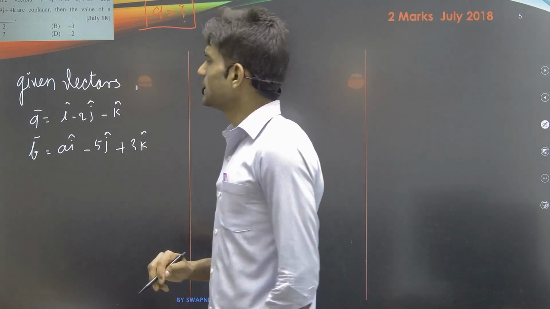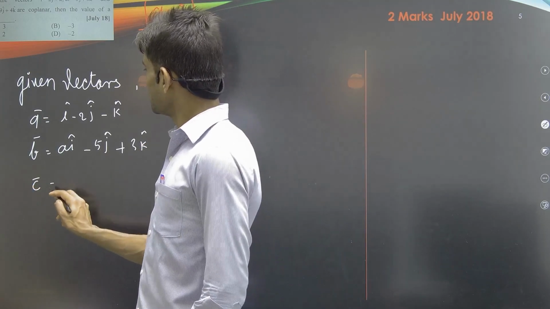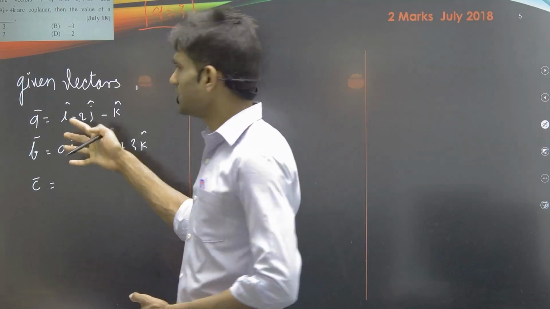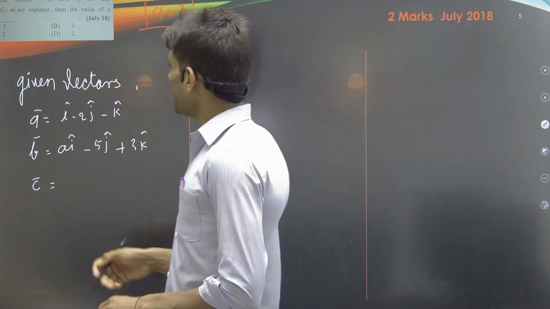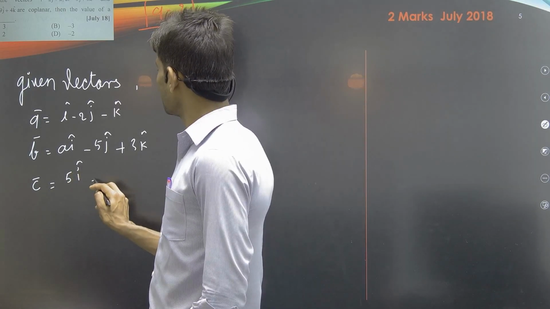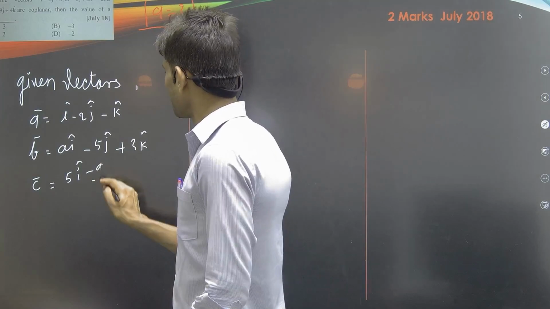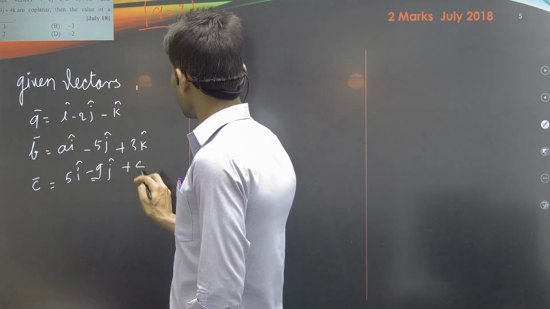This one is the second position vector. Third position vector, c bar. I just named them a bar, b bar, c bar. And the c bar here is 5 into i cap minus 9 into j cap plus 4 into k cap.